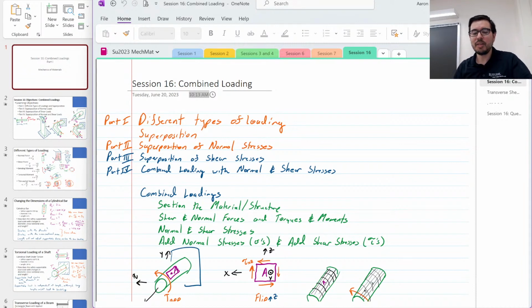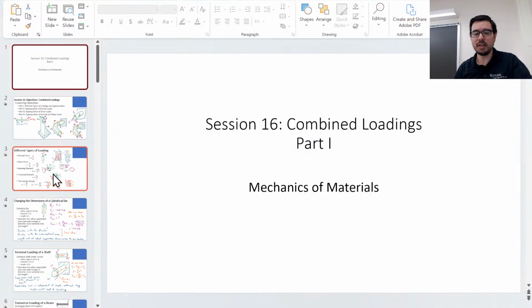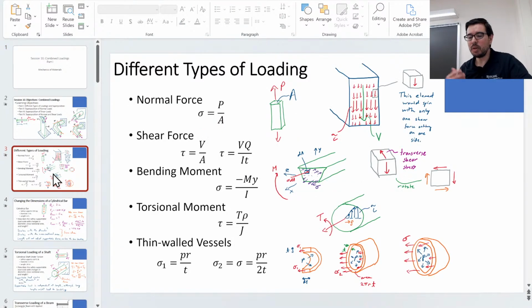So I guess before we even talk about combining loadings, I think this slide, which would be slide number 3, is important in identifying the types of loadings that we have discussed. It's important to remember that there really are only two stresses that we deal with: the normal stresses and the shear stresses.